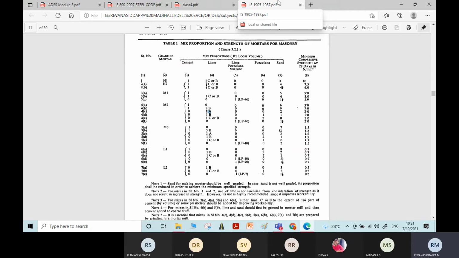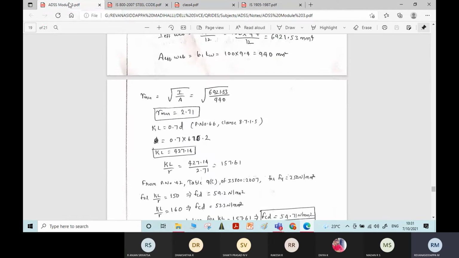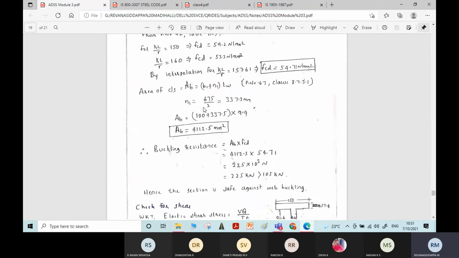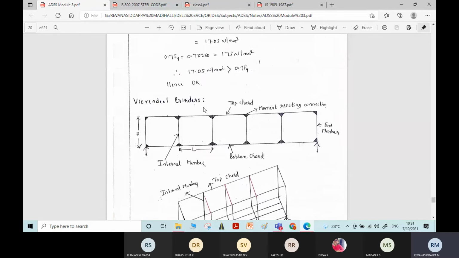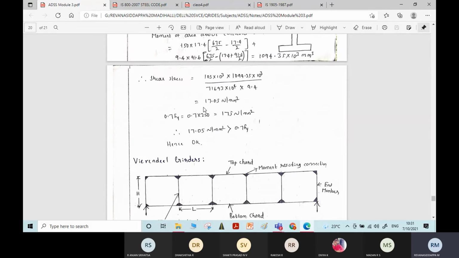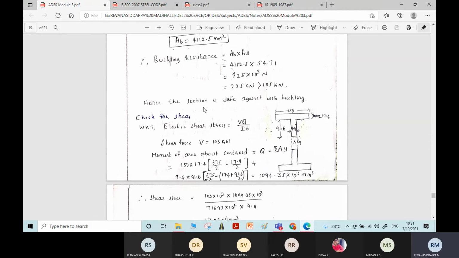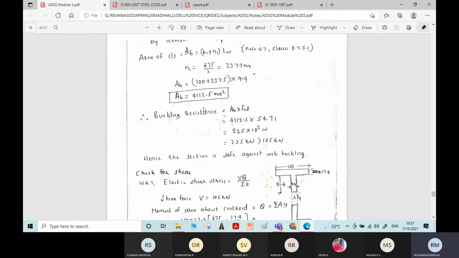Okay, that is why what I will do is, yesterday I was designing the castellated beam, and another 2 to 3 steps are remaining. I will complete that. If I do not complete it, it will remain for a long time, because I have to take the class after a very long time.